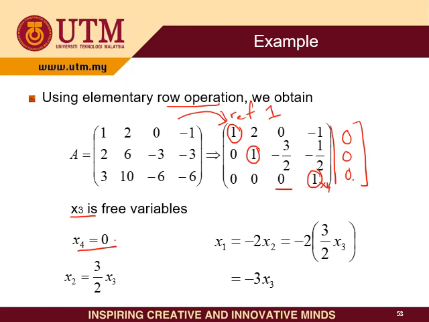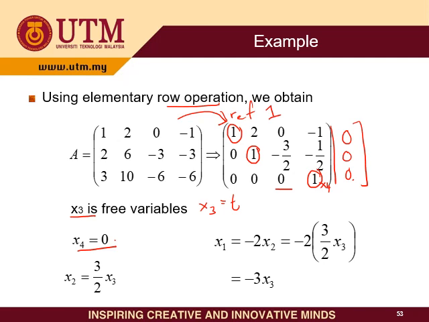So x4 is 0. What about our x2? For x3, we give it a parameter. Let's say we give our x3 equal to t. We can assign a parameter to our x3.